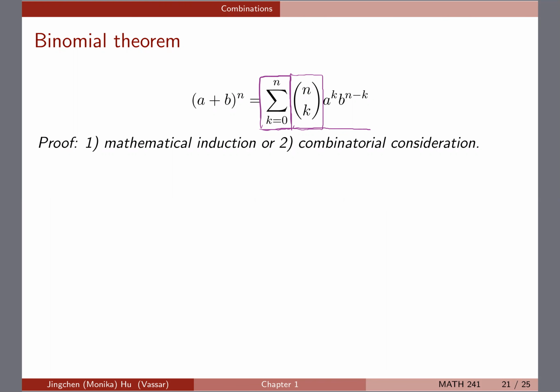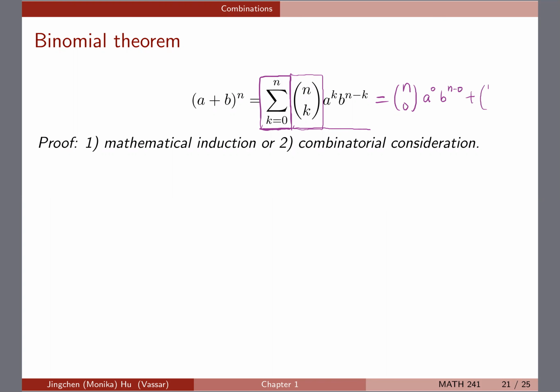If we expand this, notice that k goes from 0 to n, and that's changing. So it's n choose 0, a to the power of 0, and then b to the power of n minus 0. That's the first term, when k equals 0.